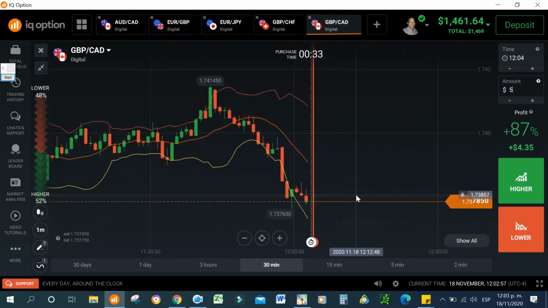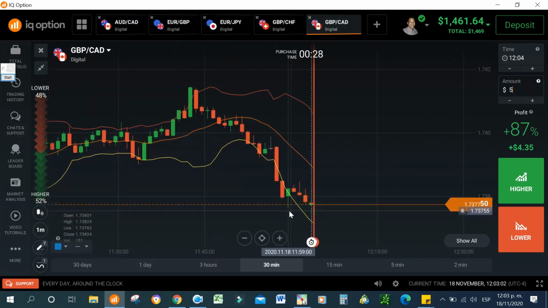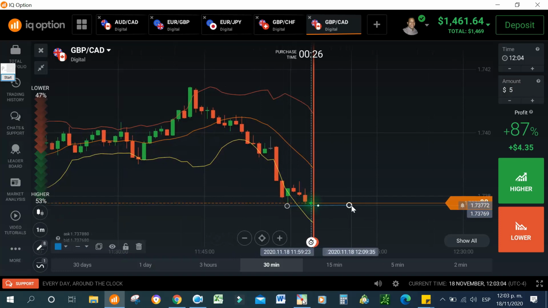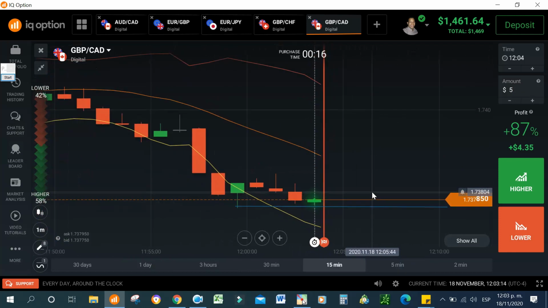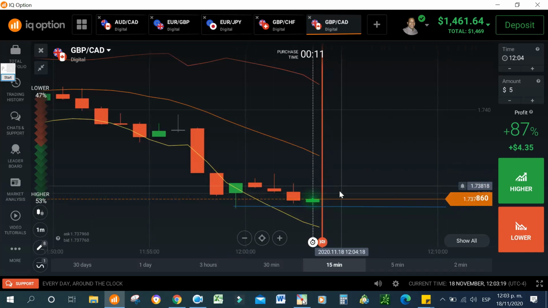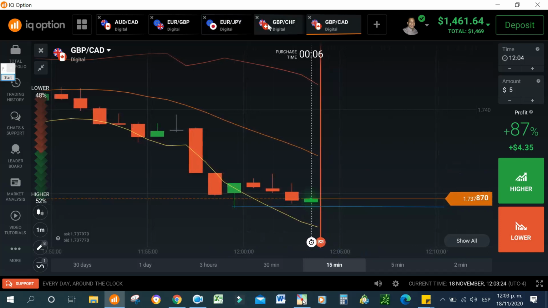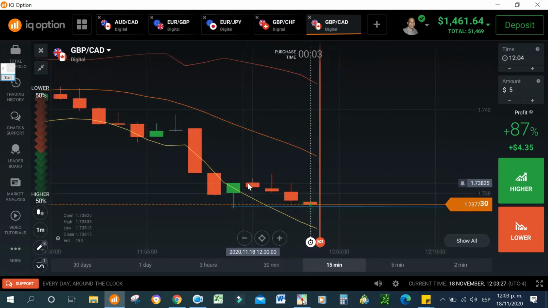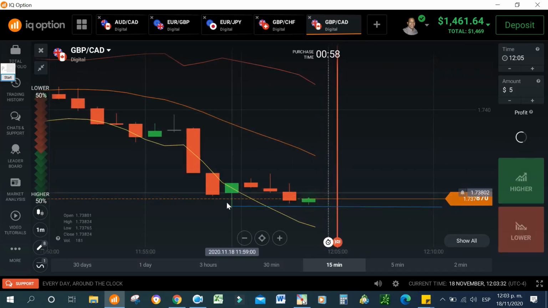Alright, we're almost there. Okay, I'm waiting for this candlestick to close to see what may happen, because these three candlesticks are closing inside this range.